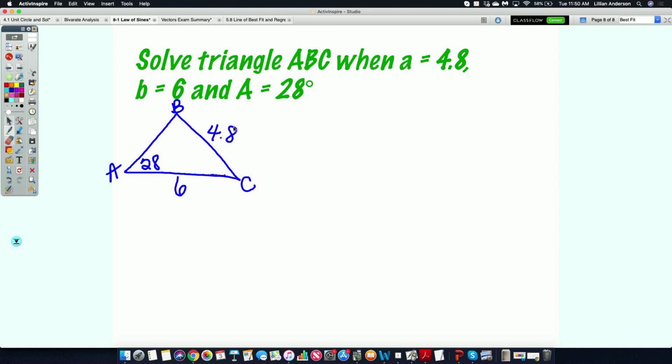This is another side-side-angle situation. And if you notice, the side across from the angle that you're given is smaller than the other side, which is kind of a key indicator that I'm probably going to have 2 triangles here. So this is going to be triangle 1, and I'm going to have another triangle, which is triangle 2.